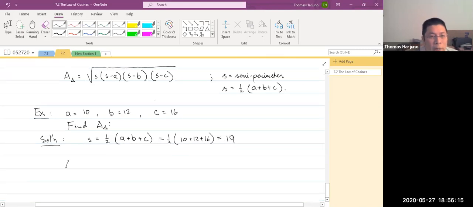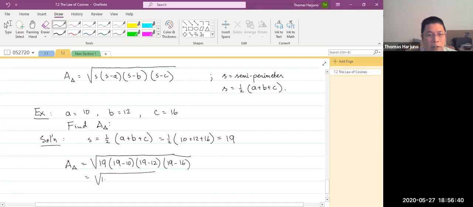So the area of that triangle will be the square root of the product of the semi-perimeter times semi-perimeter minus A, semi-perimeter minus B, semi-perimeter minus C. The square root of 19 times 9 times 7 times 3.